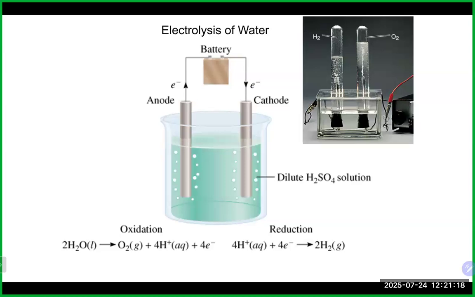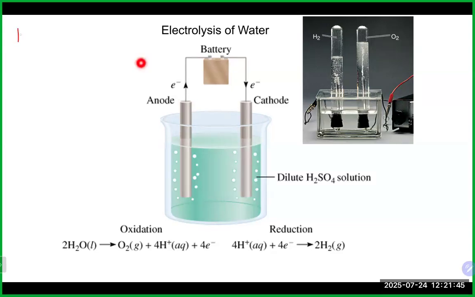Another example of electrolysis is the electrolysis of water. You can do the electrolysis of water: just take some water, maybe a little acidic water, add a little acid to it, a 9-volt battery and some electrodes, and you can break apart water into its elements. Again, this is the opposite of the process that occurs when we make water.